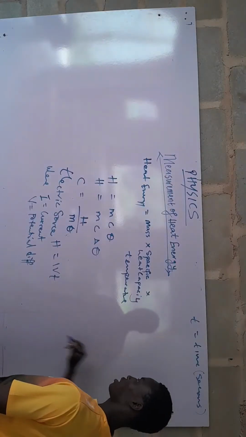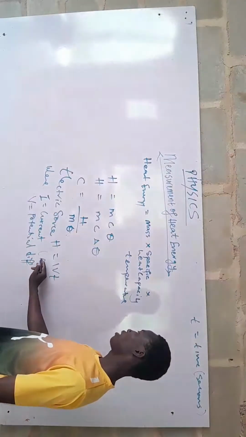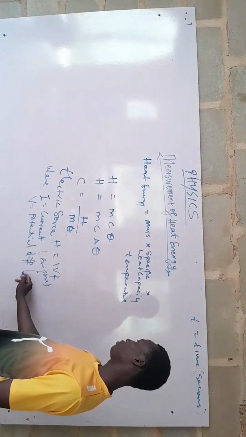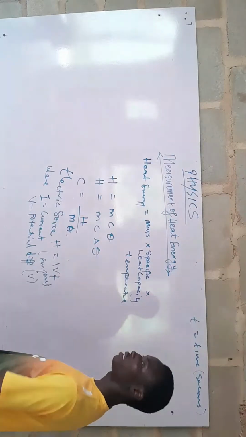Take note of that: the current in ampere, the potential difference in volt.